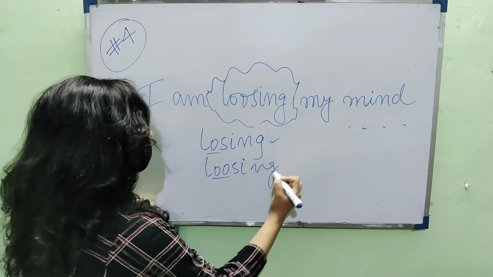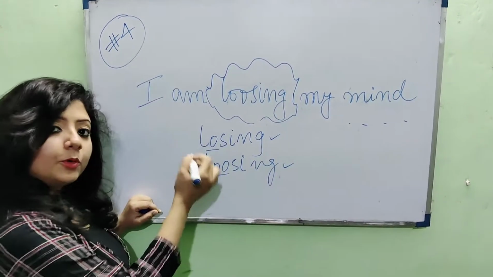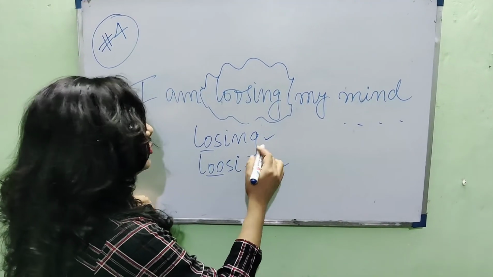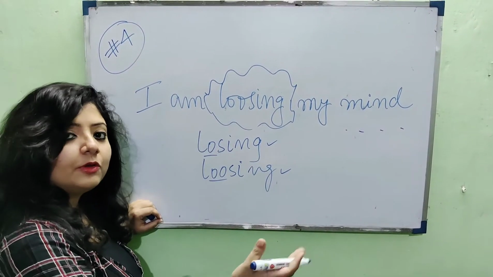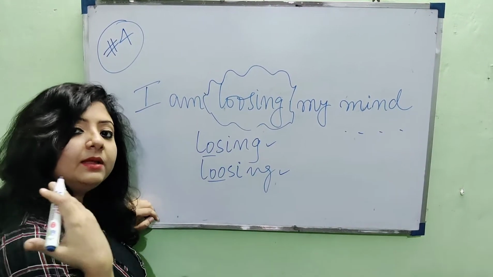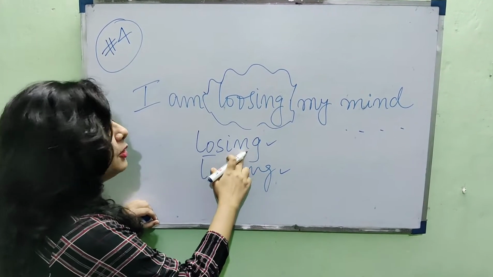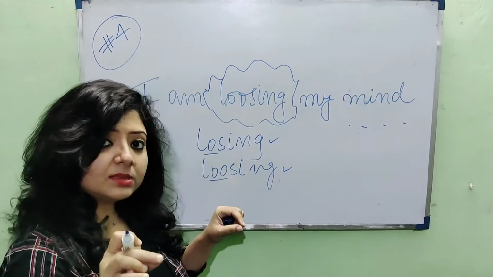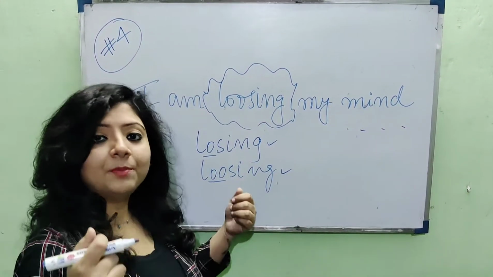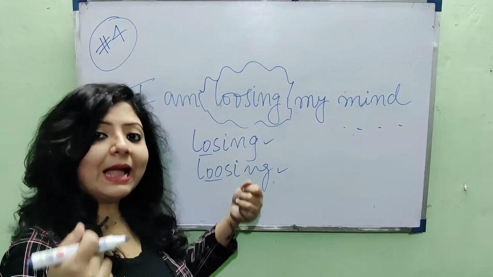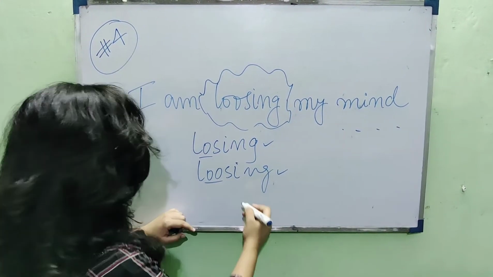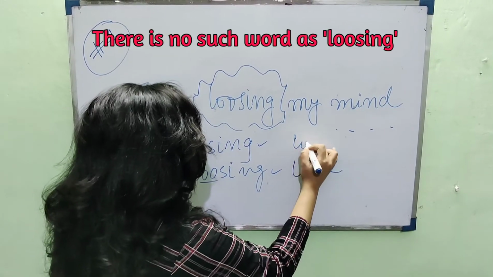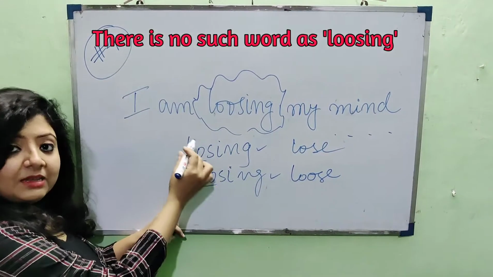Here we have one O, here we have a double O. And both of them are very different in meaning. Okay. When you are losing a match, you are playing football, you are either winning or you are losing. That is when you are going to use this one. And when something has become loose, for example, a rubber band, it's not tight anymore. That is when you would be saying that it has become loose, okay. So they are very different in meaning.